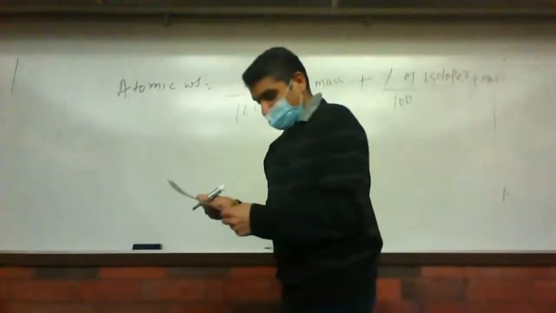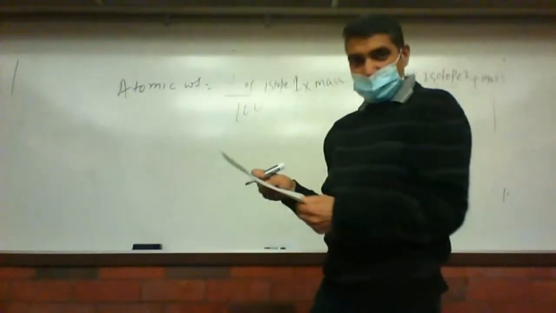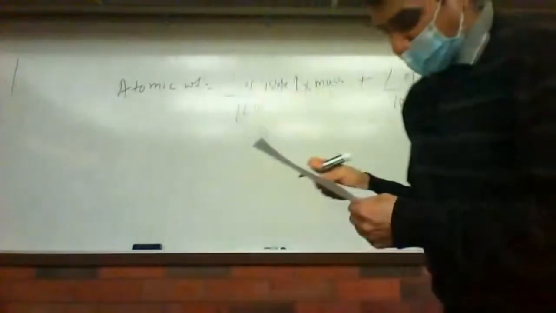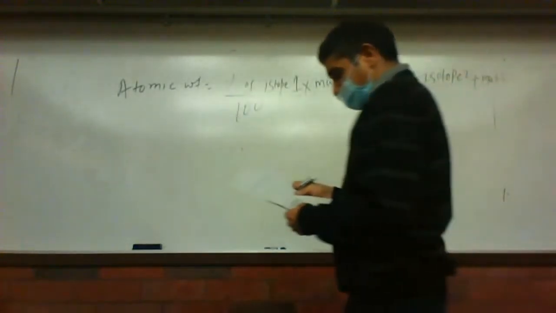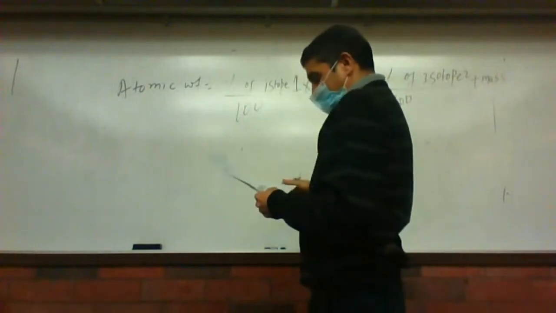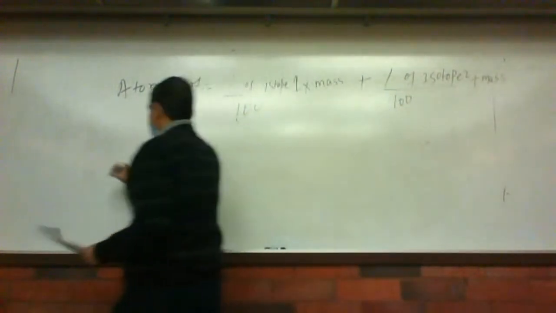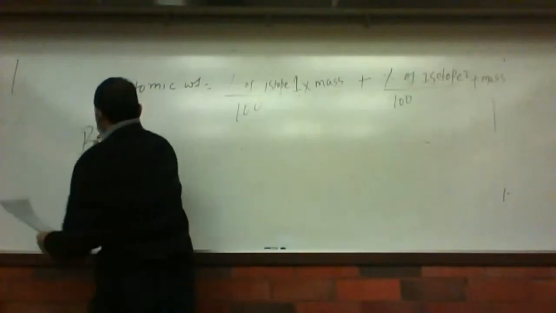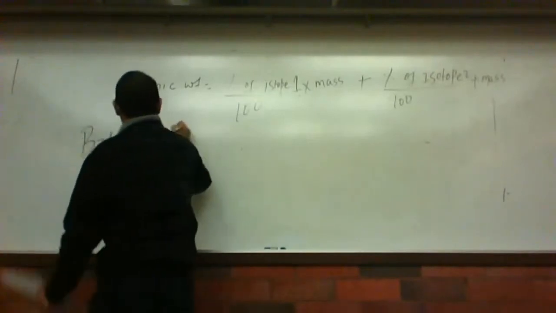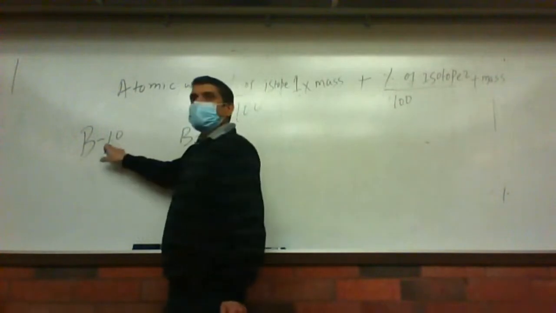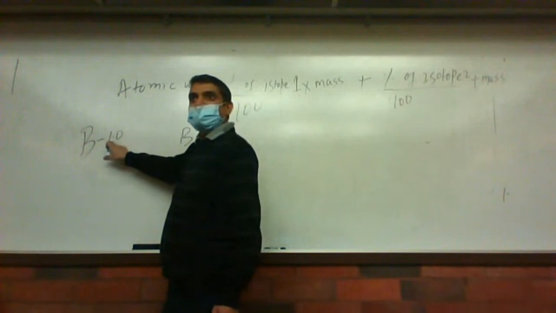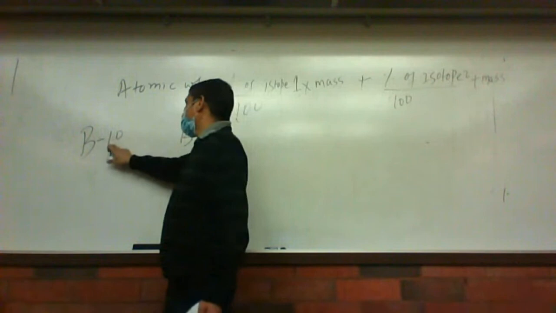So let's do one here. Boron has 2 isotopes. One is B10, another one is B11. The 10 means it is the number of protons plus neutrons, the mass number.